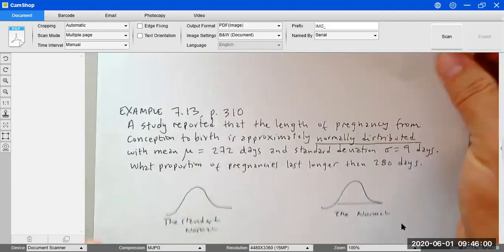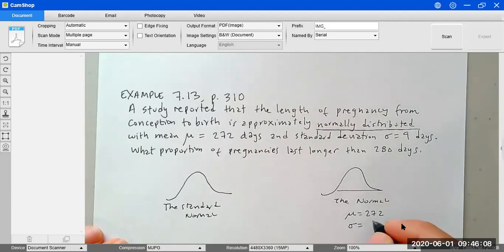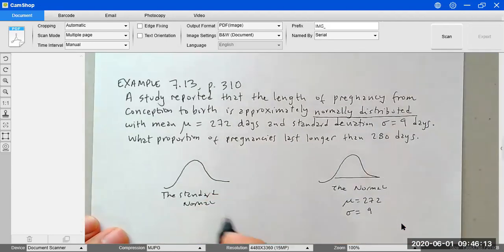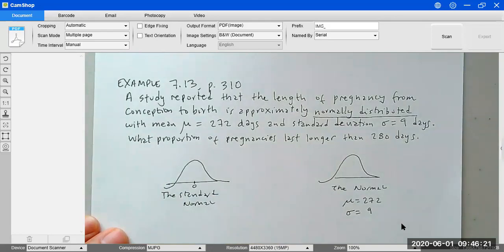If you use the normal distribution, you only need to know mu equals 272 and sigma equals 9 days. If you are using the standard normal distribution, you know that you have the mean 0 and the standard deviation 1.